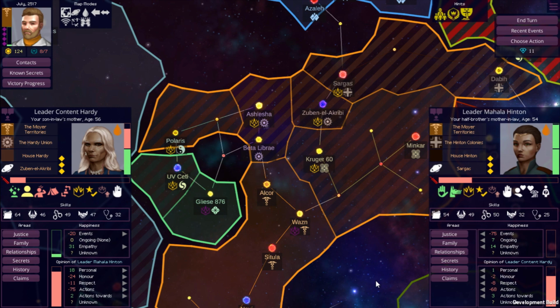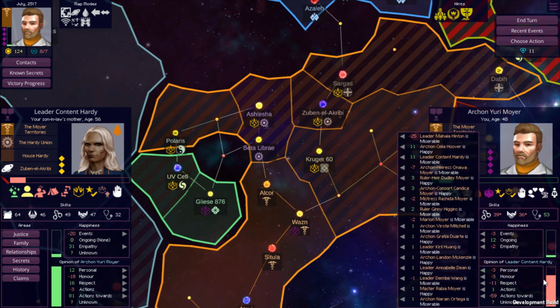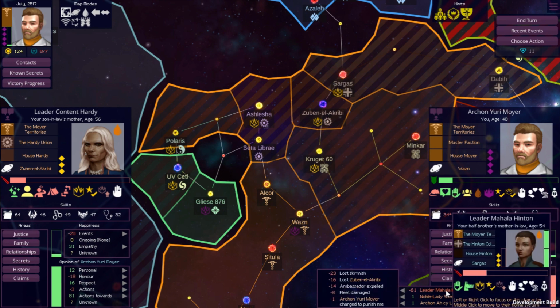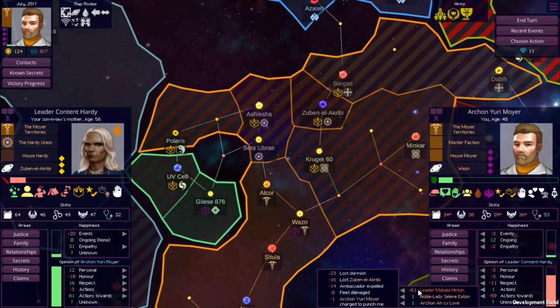And now this also works on empathy. So if I bring up my character here to the right, you'll see that my character also dislikes this leader. And the main reason they dislike them is because of their actions towards leader Mahala Hinton. So you'll see, this leader didn't do anything wrong to me specifically.